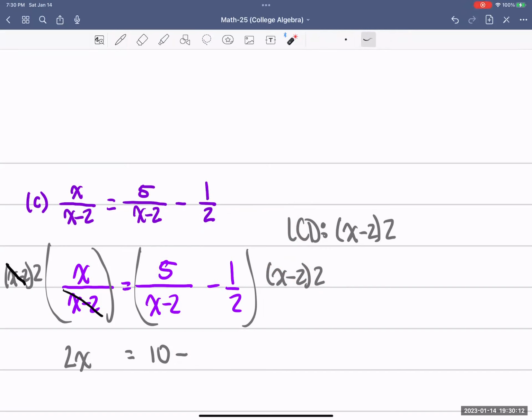And now we have our LCD multiplying to that second fraction. So we have x minus 2 times 2, and we're dividing it by 2. So the 2's divide out here. So now we have 1 times our x minus 2. And we're going to keep that in parentheses because we're multiplying by this negative. This negative is going to distribute to everything inside those parentheses.